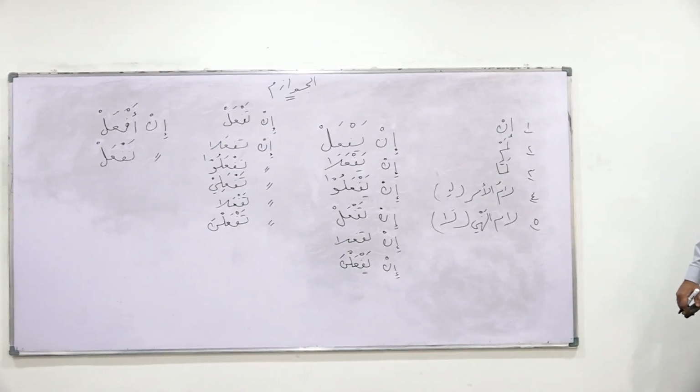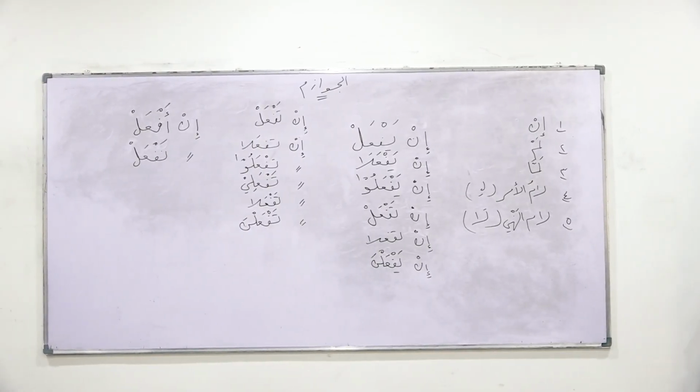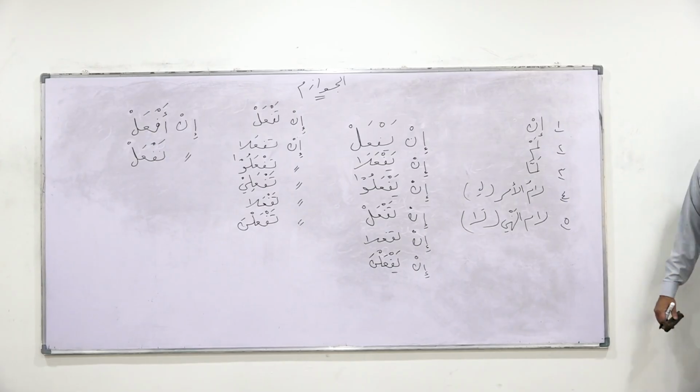The meaning of in is to put a condition. They say in ash-shartiyya. Lam is used for negation in the past. This will come on fi'l al-mudari', but it will convert fi'l al-mudari' to fi'l al-madi, and it will negate in the past. Lamma is again negation, for the present tense.